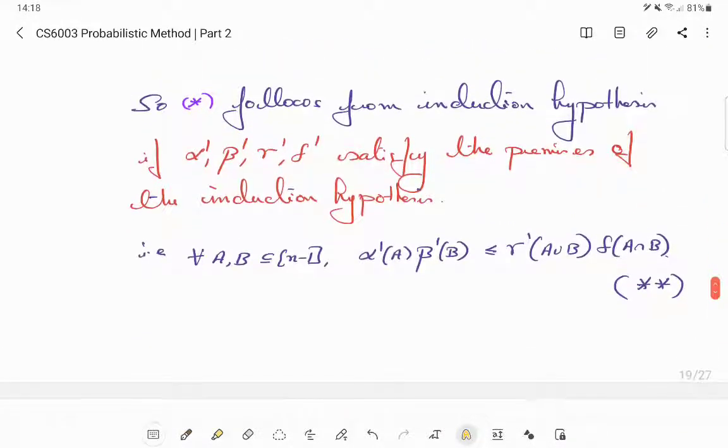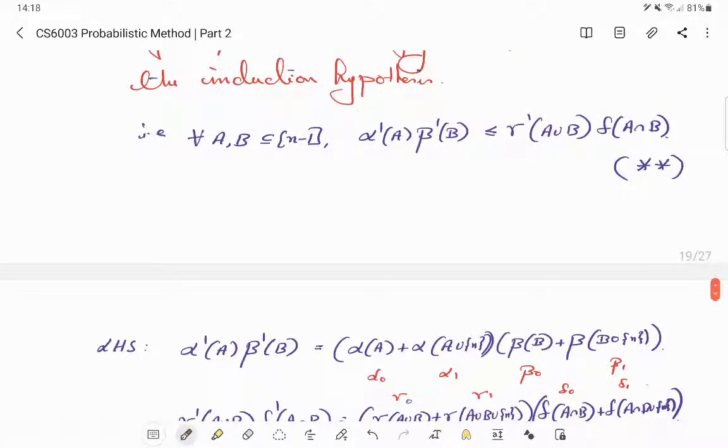That's what I have written here. So what we want would follow from the induction hypothesis, provided these 4 primed functions satisfy the premise of the induction hypothesis, which, if you write it out in full, means for every pair of subsets A, B of n minus 1, this is true. So this I'll denote by star star. Now what is the left hand side of this inequality?